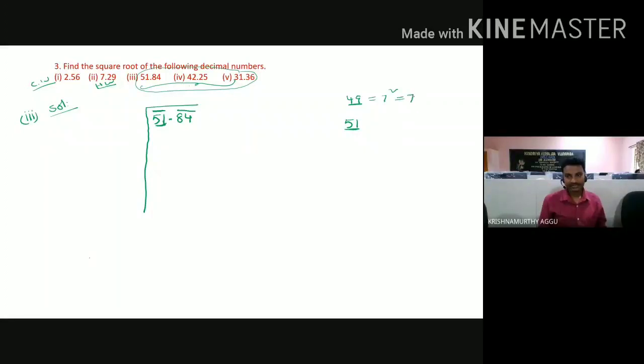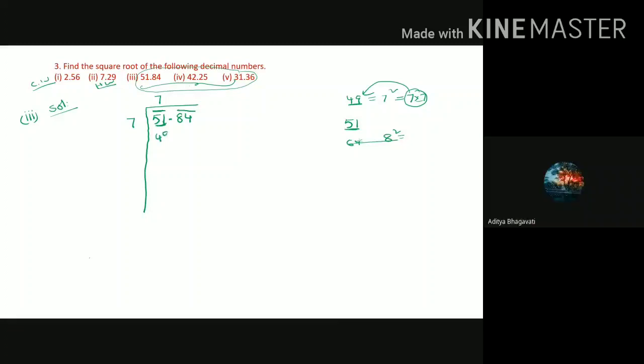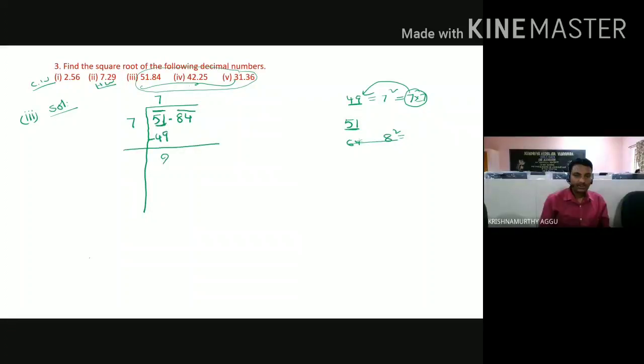What is it? 7 square is 49. Yes. 7 square can be written as 7 into 7. If you select 8 square, that is 64, it is crossing 51. So don't cross 51. Here 7 times 7 is 49. 51 minus 49 is 2.